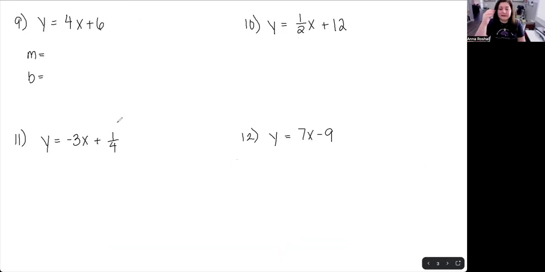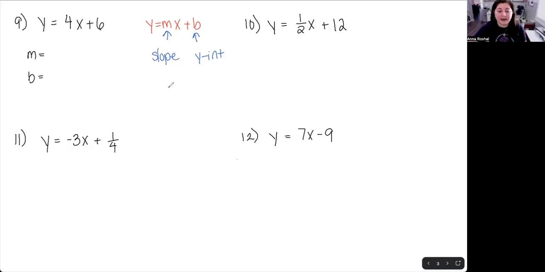Okay. The next 4 problems ask you to identify the slope and the y-intercept. So one thing that we really want to make sure that we understand is our slope-intercept format is always y equals mx plus b. We want to make sure that we know that m is the slope, and that b is the y-intercept.